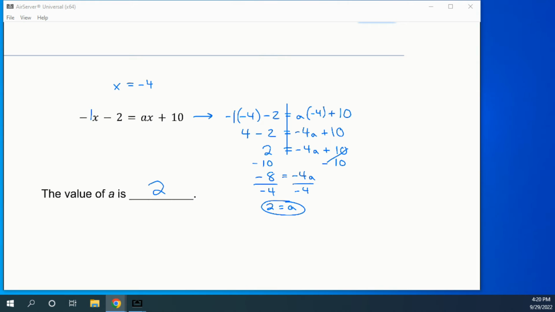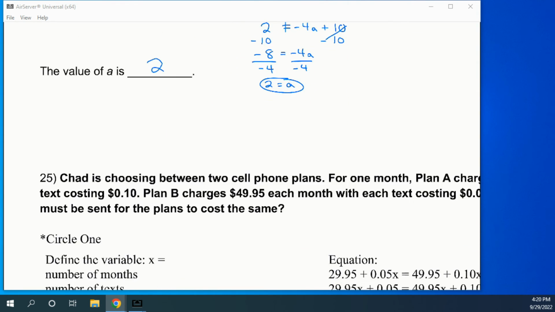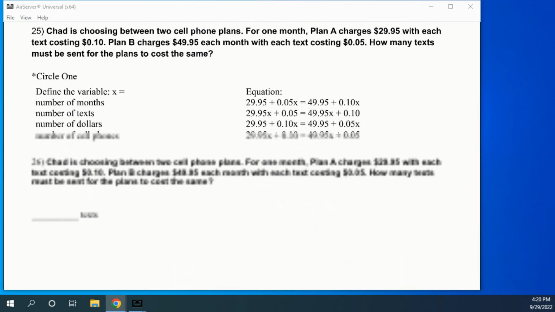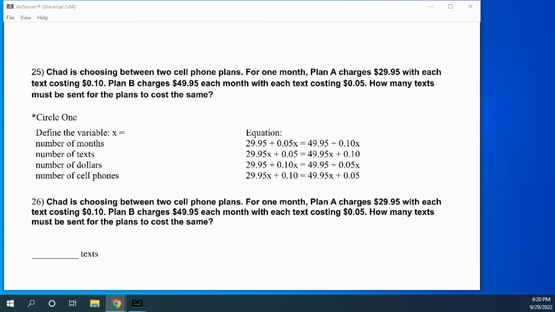Okay, couple more. 25. I believe 25 and 26 are essentially the same question. 25 is going to have you set up a few pieces of this information here. 26 is going to actually have you solving it. So by doing 25 correctly, we should be able to have an equation for 26 and then solve that correctly as well.